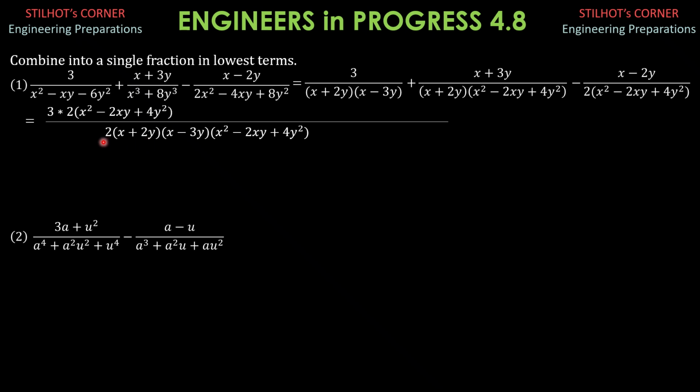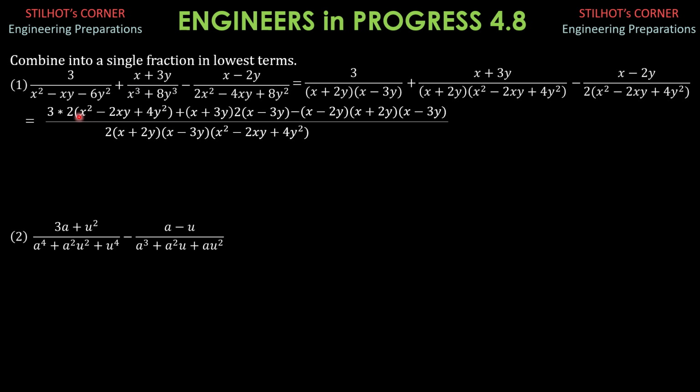So it is quantity x plus 3y times 2 times x minus 3y. Then minus quantity x minus 2y, LCD divided by this denominator would be x plus 2y, x minus 3y. So minus quantity x minus 2y times quantity x plus 2y, x minus 3y.